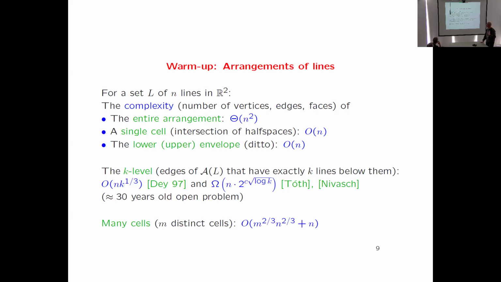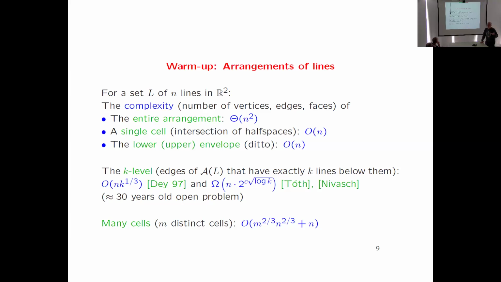So we are interested in arrangements, and let's start with the simplest example, n lines in the plane. First, just the combinatorial aspect. You look at the arrangement and can ask various questions. For lines, many questions are trivial. What is the complexity of the entire arrangement?